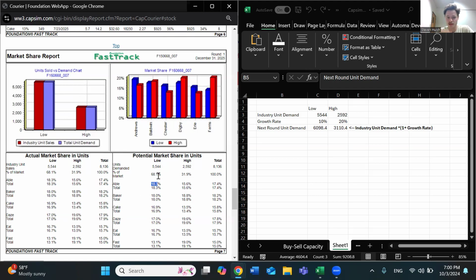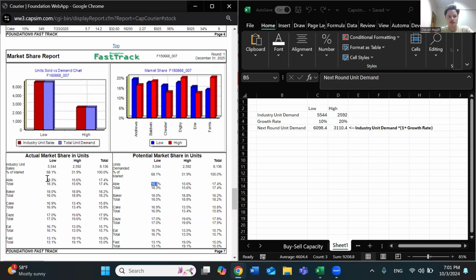This isn't going to always be the case though. If you don't create the correct number of units and you stock out, then your actual market share is going to be lower than your potential market share. This is the simulation telling you that basically, I'm going to give you some example numbers. You could have sold 1,000 units, but you only produced 800 units.